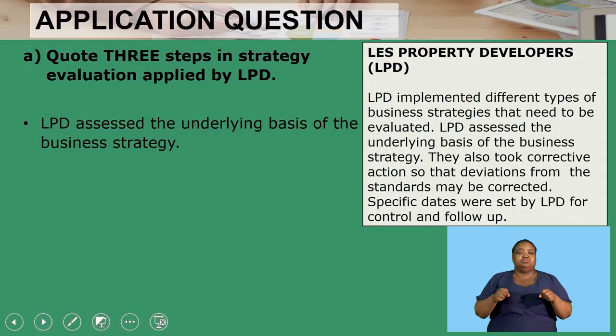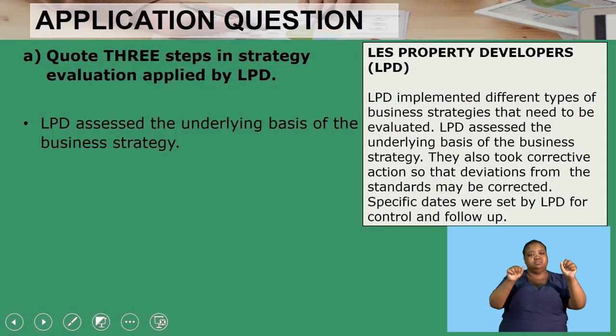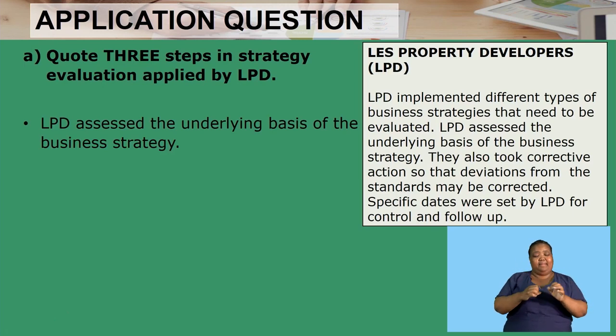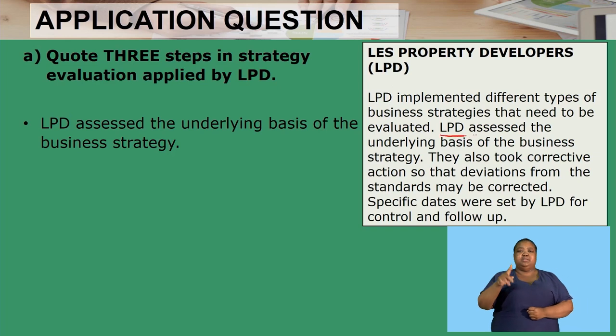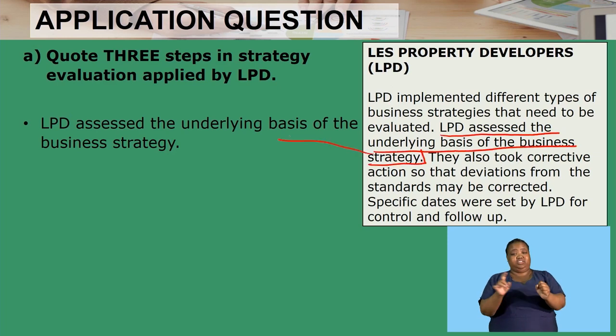The first one, it says, LPD assessed the underlying basis of the business strategy. Let's see if we can find it from our scenario. Here it is. LPD assessed the underlying basis of the business strategy. I'm sure you can see it's the same. Nothing has been changed, nothing was taken out, nothing was added. That is the first. Don't forget, they asked for 3 steps.